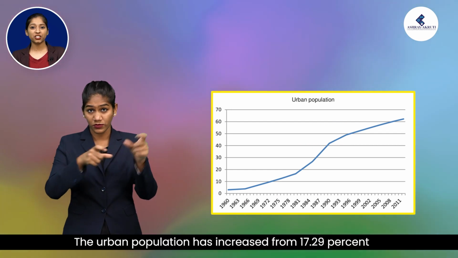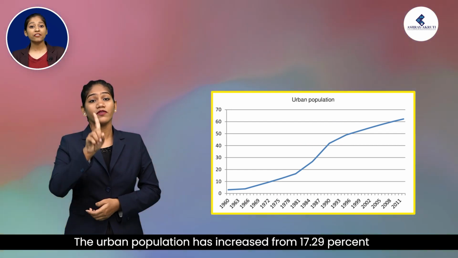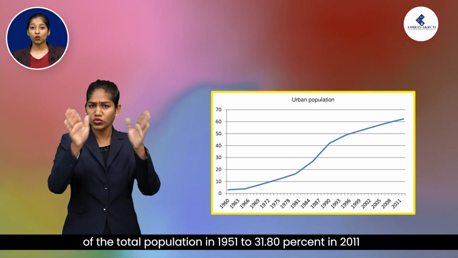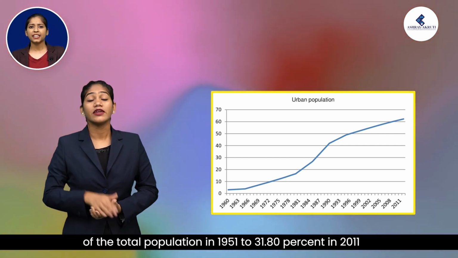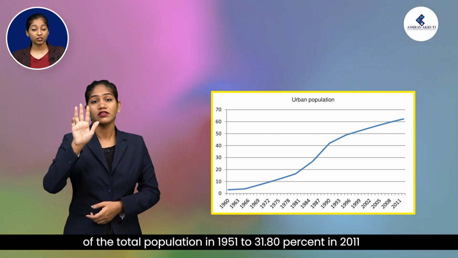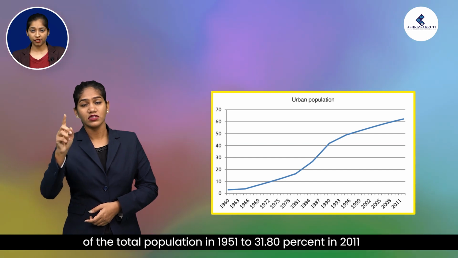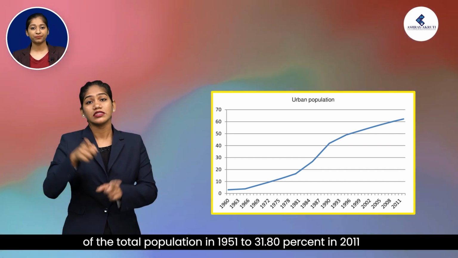The urban population has increased from 17.29% of the total population in 1951 to 31.80% in 2011.